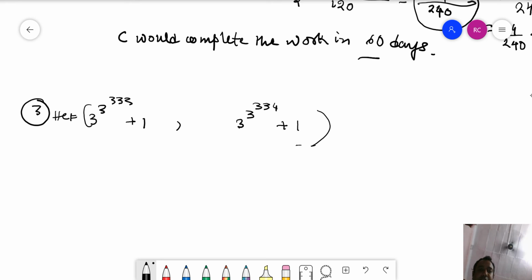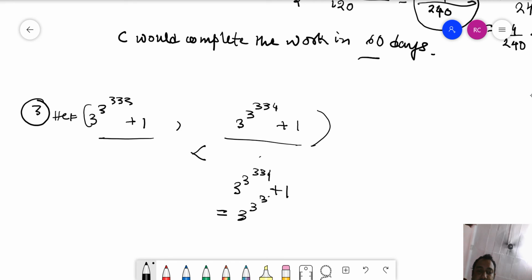What our strategy is, we take the larger of the two. Which is the larger of the two? Definitely this is larger than this. So we take 3, 3, 3, 4 plus 1. We try to factorize it. How do we factorize it? We see 3 to the power 3 to the power 3, 3, 4 would be 3 to the power 3, 3, 3 into 3 plus 1.